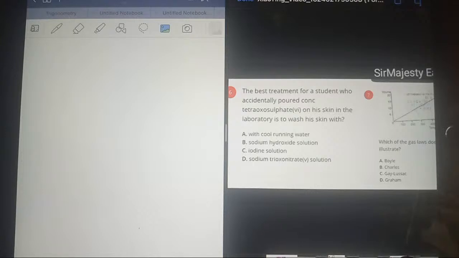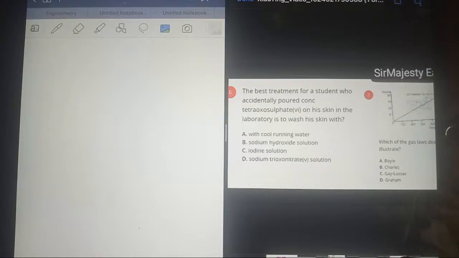It will release more heat, and we are not helping matters. So the best way is to wash with copious water, or dilute sodium hydrogen carbonate solution. I'm speaking from experience. Don't you ever use sodium hydroxide solution, because it will be so harsh for the person. So please, the answer is A.